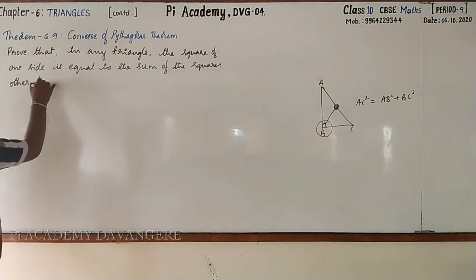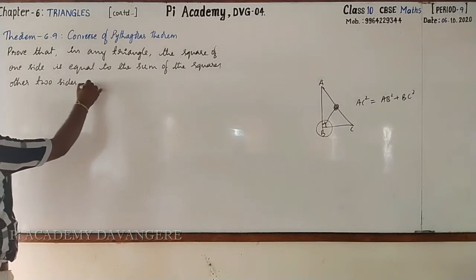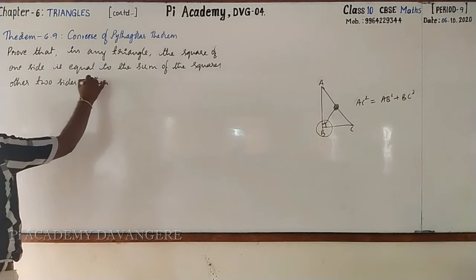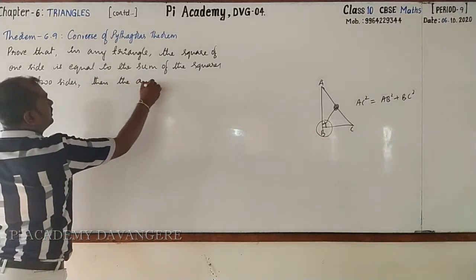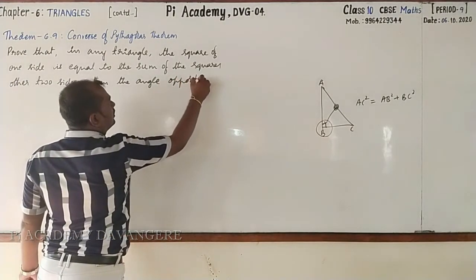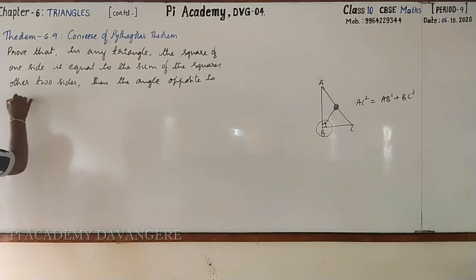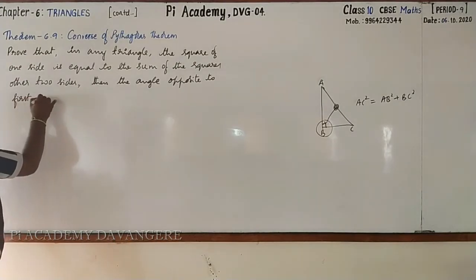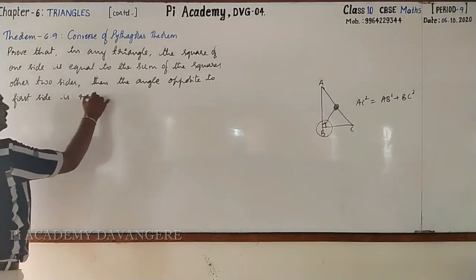Then the angle opposite to first side is right angle, nothing but 90 degree.